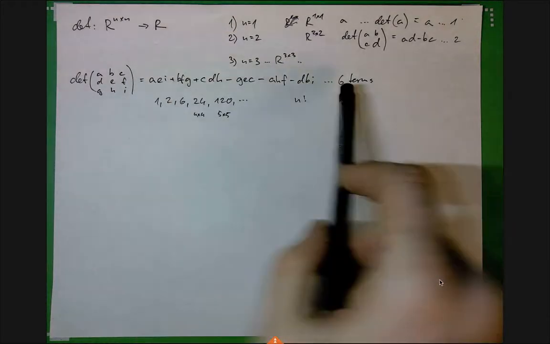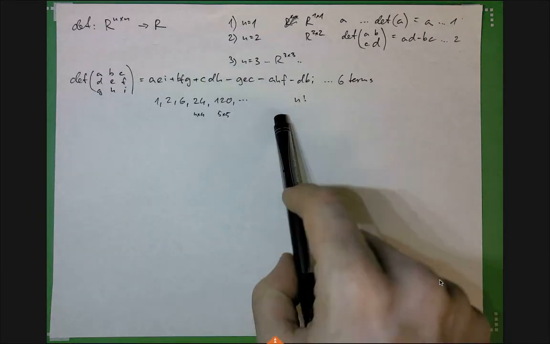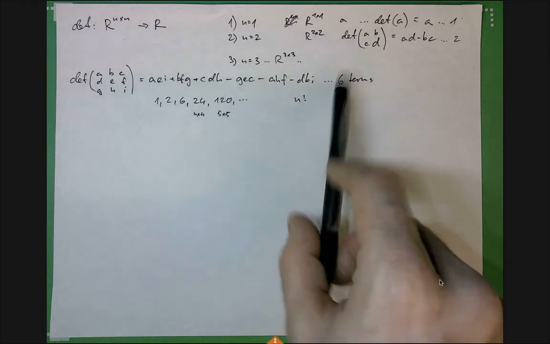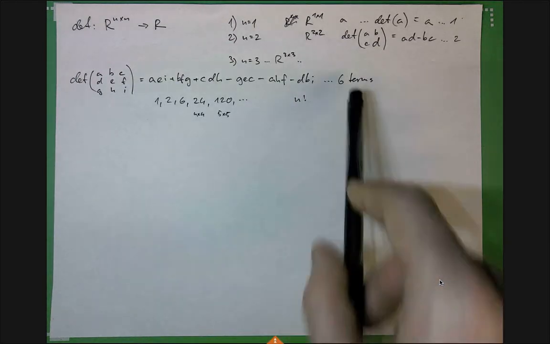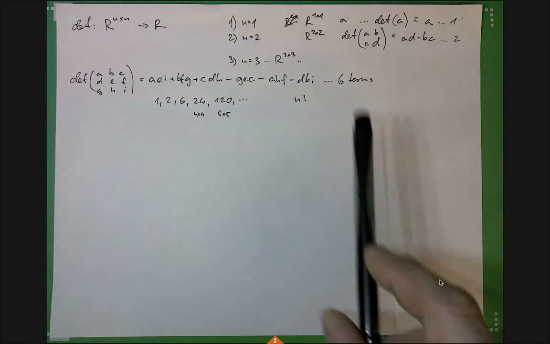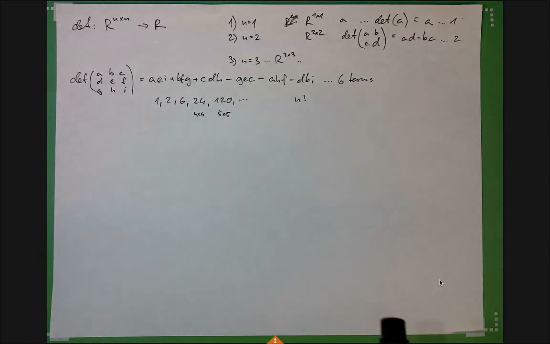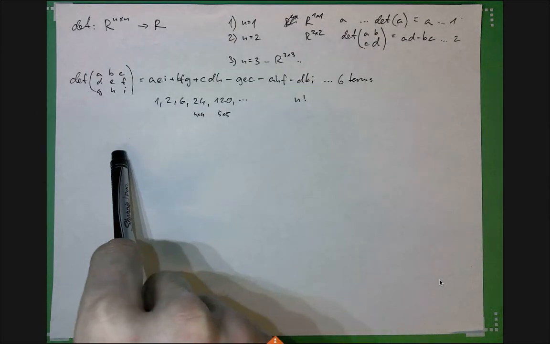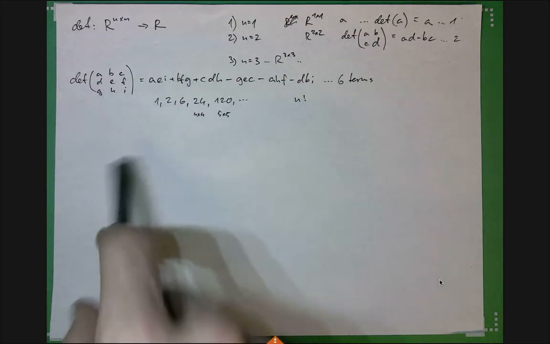So there are n factorial terms, and I will get to the general formula, but that's not what I want to start with, because pedagogically it's better to first explain the determinant by explaining its properties, because the general formula becomes very messy. It's very long and not very nice at all.